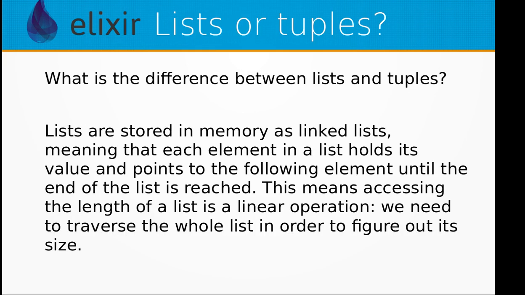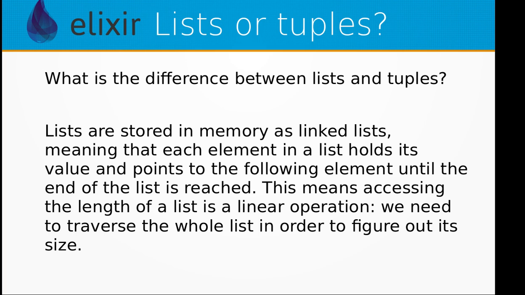Okay, let's look at the difference between lists and tuples. Lists are stored in memory as linked lists, meaning that each element in a list holds its value and points to the following element until the end of the list is reached. This means accessing the length of a list is a linear operation.